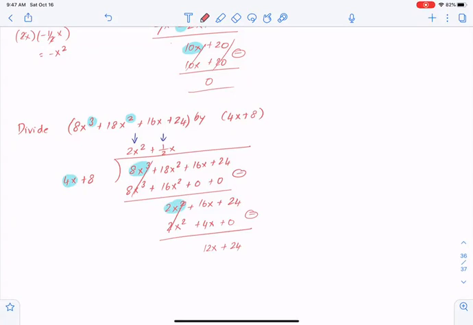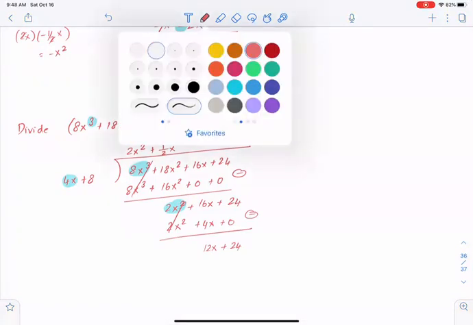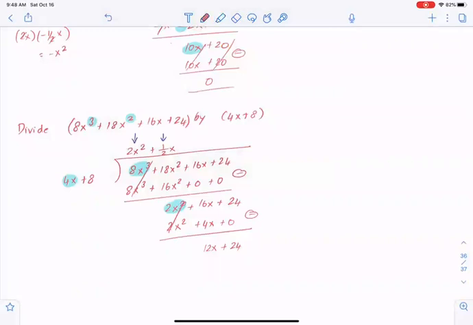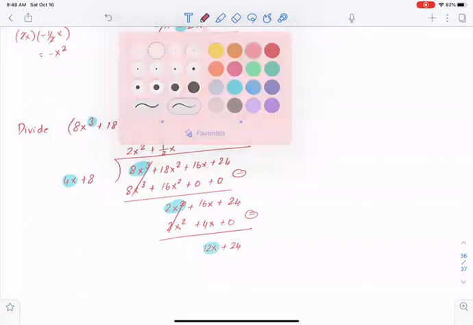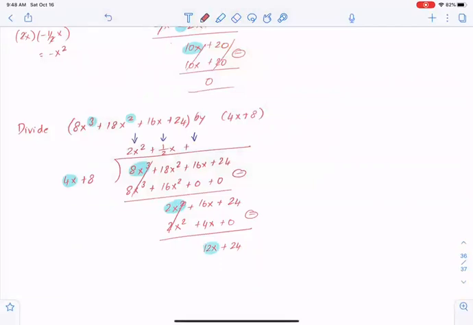I've got to multiply 4x in the divisor by some number or expression here so that I get 12x. So 4x multiplied by 3 would give me 12x, and 8 times 3 is 24. If I subtract, I will get 0.